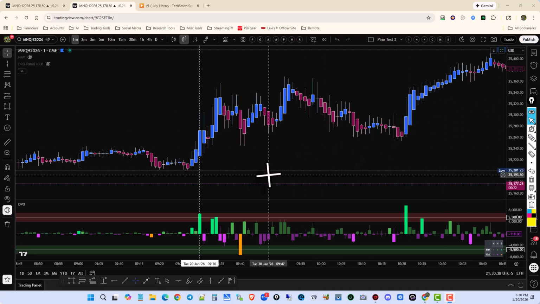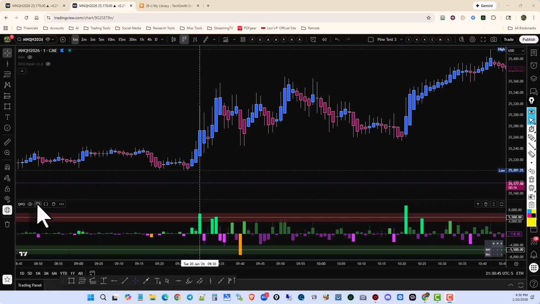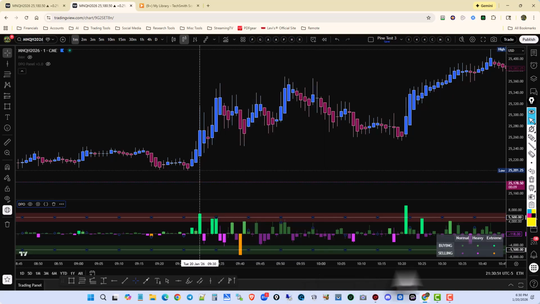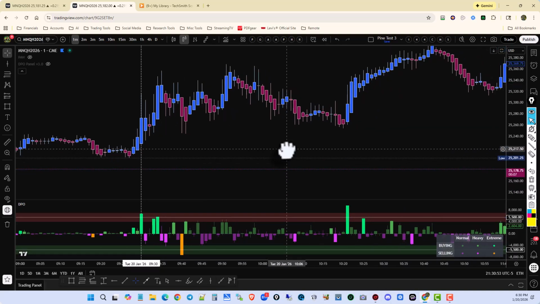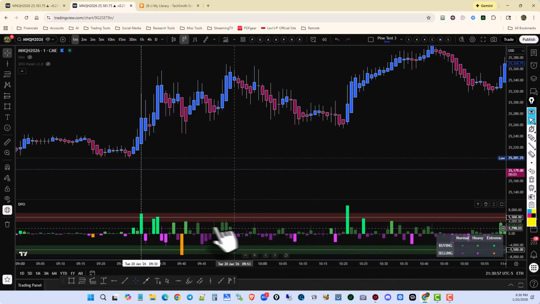All right, so now that you understand what delta is, these are the delta bars that are showing. So if we scroll down here and let's make this large. Normal candles are going to be this dark green color, right?